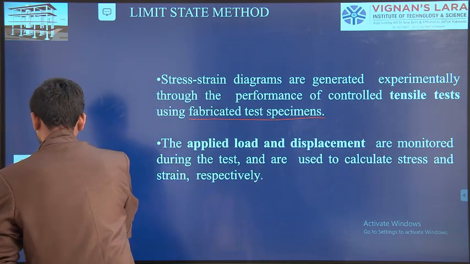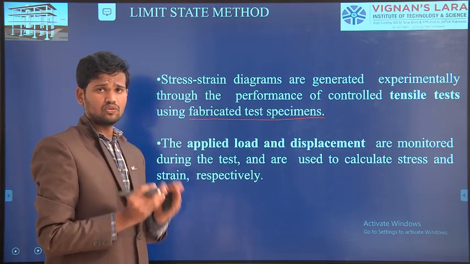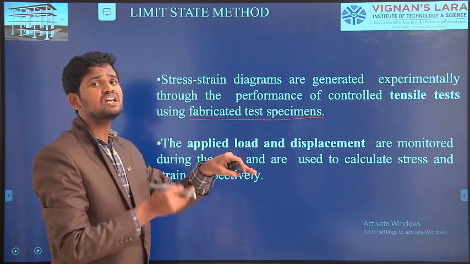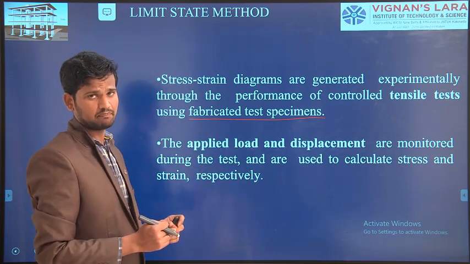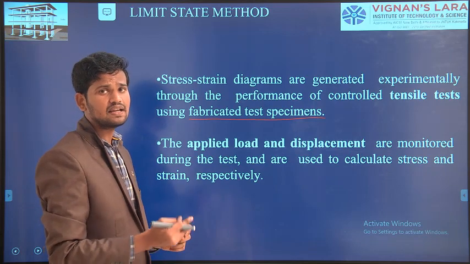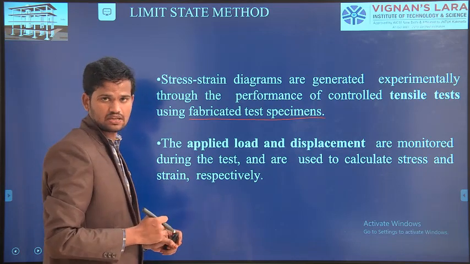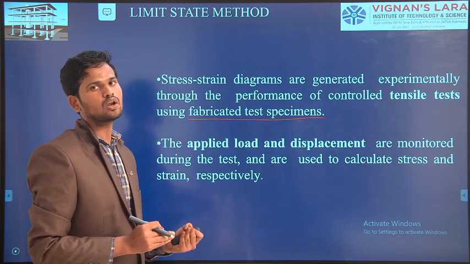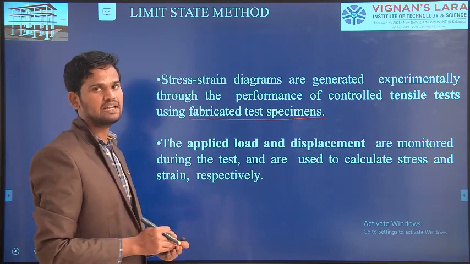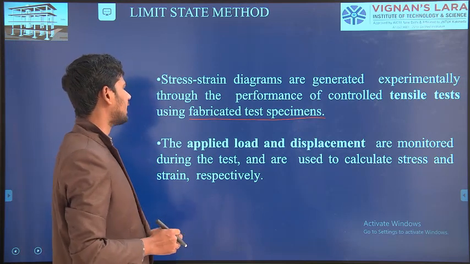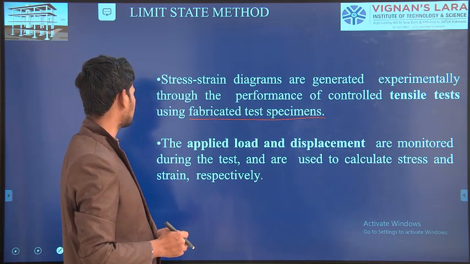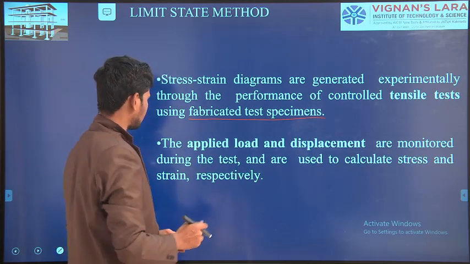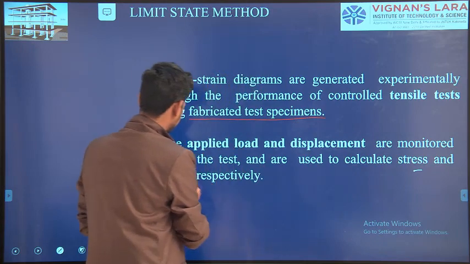That means for knowing how the strain develops in different types of members due to application of the load, based on the tensile test equipment, we will know the different types of materials. With respect to the loads, we will calculate the strain values. The applied load and the displacements are monitored during the test and are used to calculate the stress and the strain respectively.